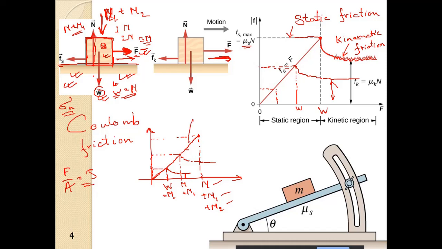Right. So this slope is mu, equal to tan of phi. So phi is equal to tan inverse of mu. This particular experiment can be replicated like this.